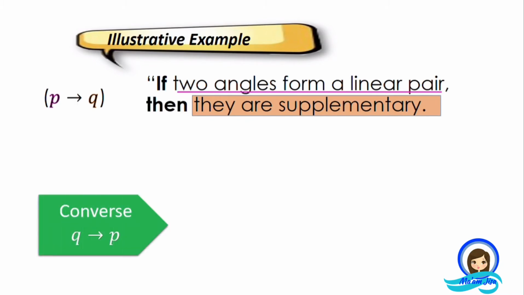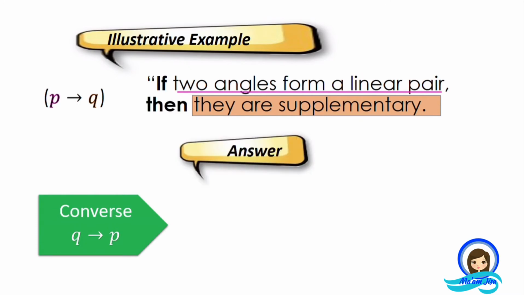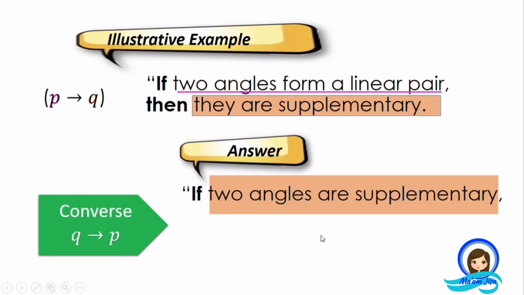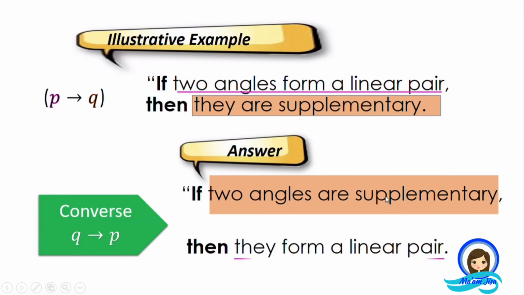To find the converse Q implies P, you just have to reverse or switch P and Q. Therefore, if two angles are supplementary, so this is our Q, then they form a linear pair. So the converse is: if two angles are supplementary, then they form a linear pair.